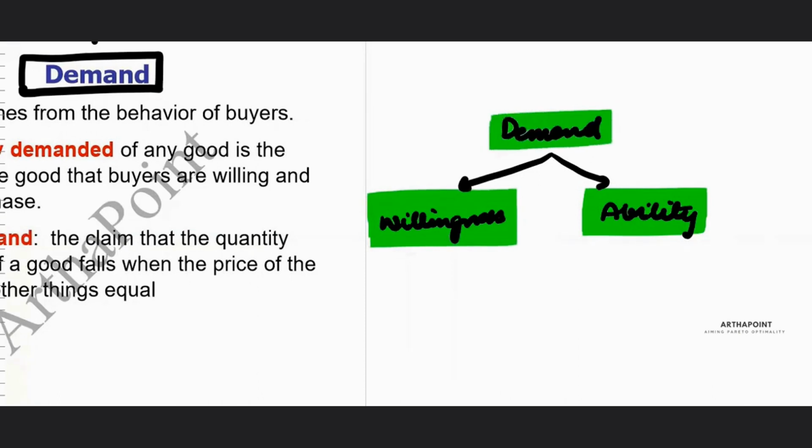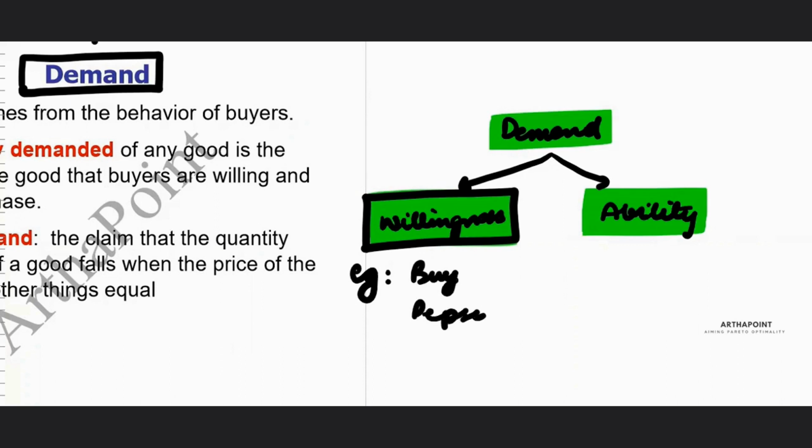When we talk about willingness, for example, let's say I can buy a particular thing. Let's say I'm very diet conscious, and I have the money to buy any aerated drink, but I am not willing to buy it because I'm very health conscious.